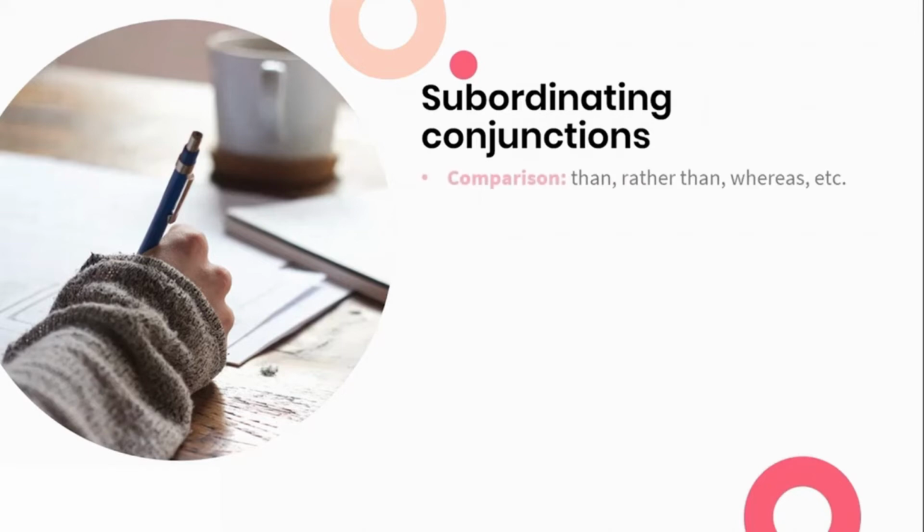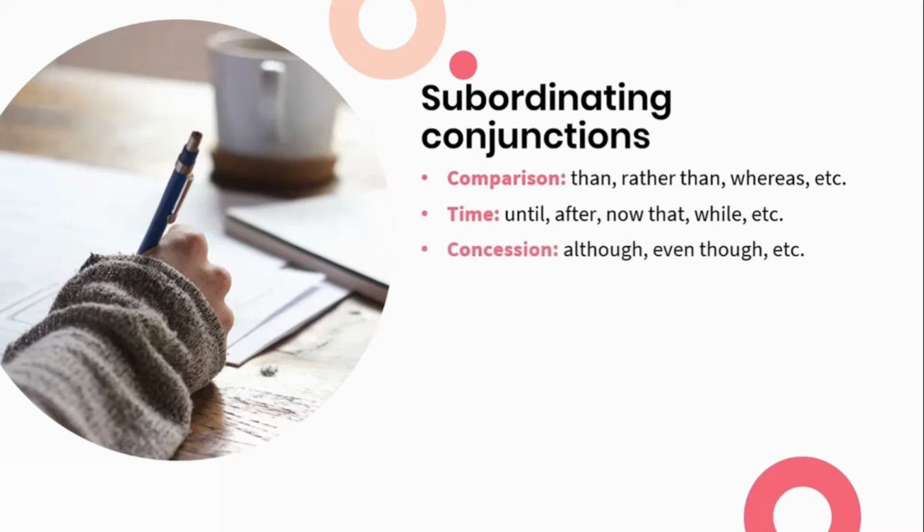So first we've got subordinating conjunctions of comparison: than, rather than, whereas, etc. Then we have time: until, after, now that, while, etc. Then we have concession: although, even though, etc. Then we have relative pronouns: who, whoever, whose, and so on.